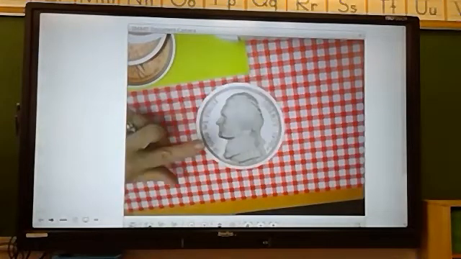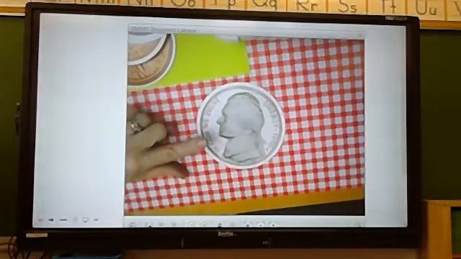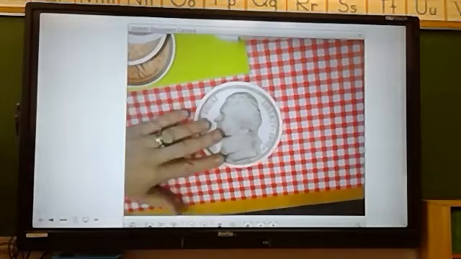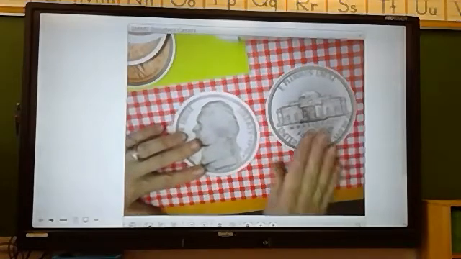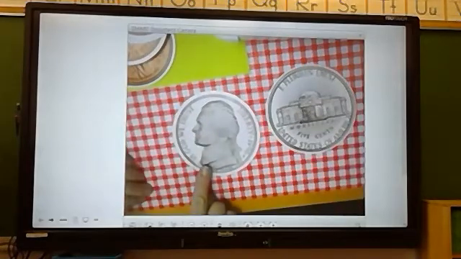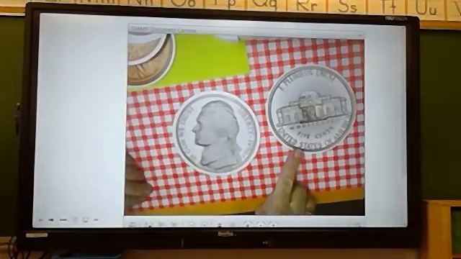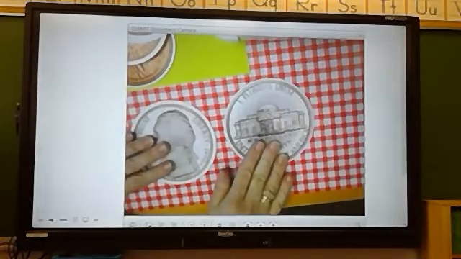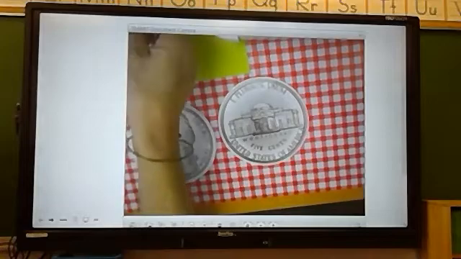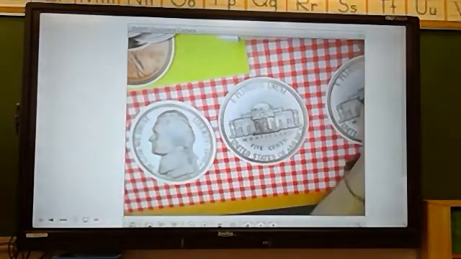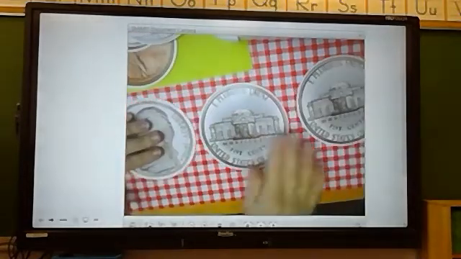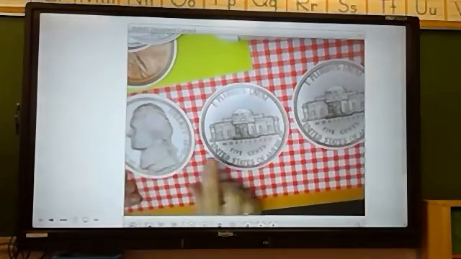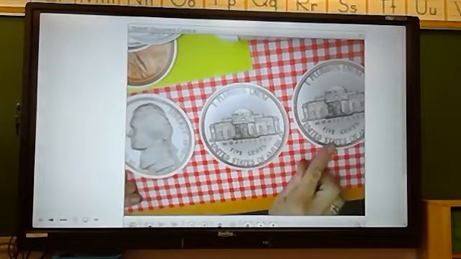So 1 nickel is worth 5 cents, so when I'm counting it, I say 5 cents. And if I had 2 nickels, then I would say 5 cents, 10 cents, right? If I had 3 nickels, I would say 5 cents, 10 cents, 15 cents.